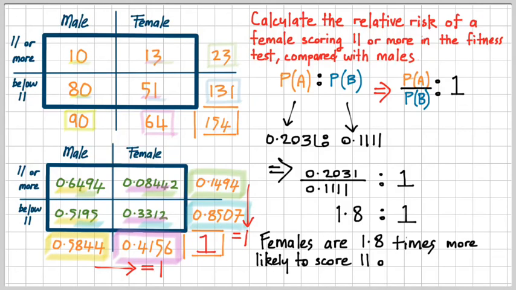Females are 1.8 times more likely to score 11 or more compared with males. So there's a higher chance that females out of this group of students will score higher in the beep test on that higher end of the scale, so 11 or more, which is where the superior athletes are with males.